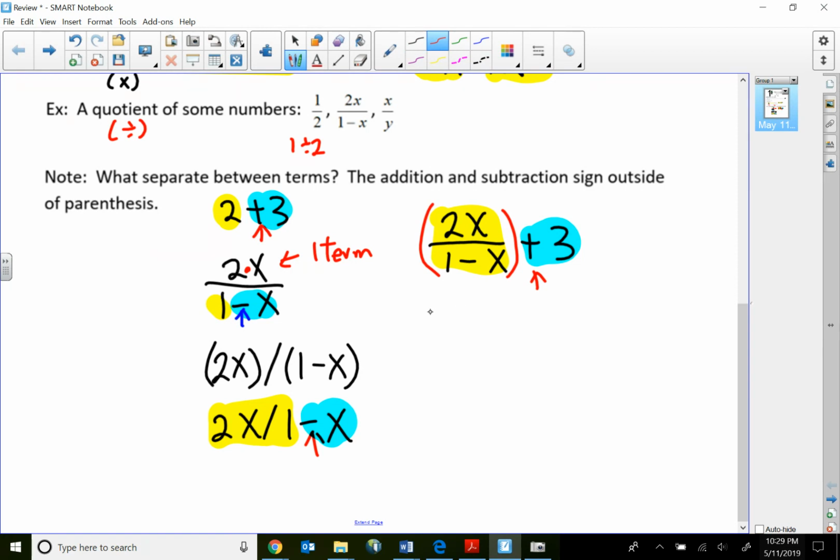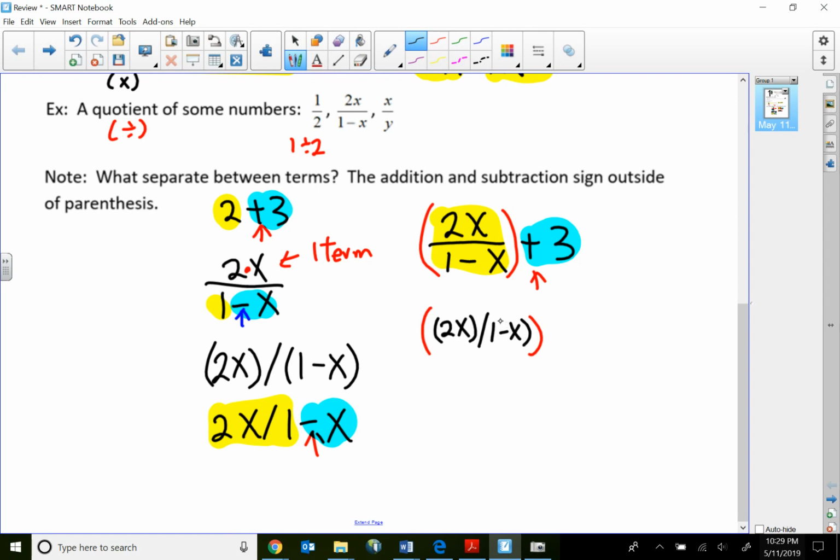So I will add an extra parenthesis to separate my fraction term from my positive 3. But then my numerator and denominator are one term over two terms, and I still need the calculator to see this as one whole term. So I have to open another parenthesis for my 2x, close it, then divide by 1 minus x.